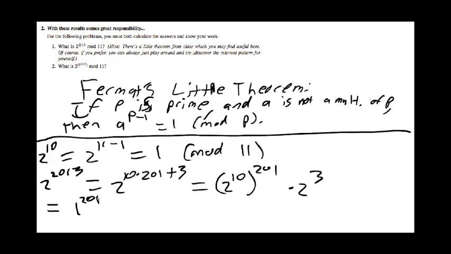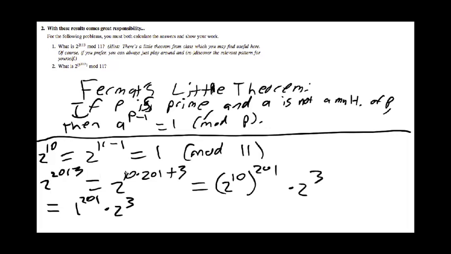This argument I just gave, note, tells us we can change the base mod 11 to get a result which is the same mod 11. It only applies to the base, not the exponent. But there you have it. 2 to the 10 to the 201 is equal to 1 to the 201 mod 11, because 2 to the 10 is equal to 1 mod 11.